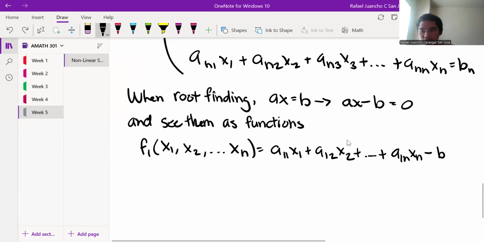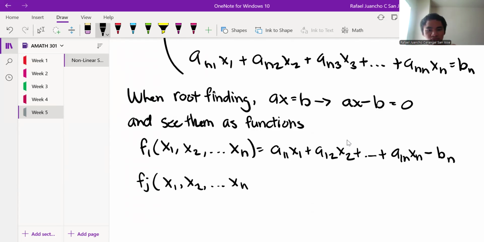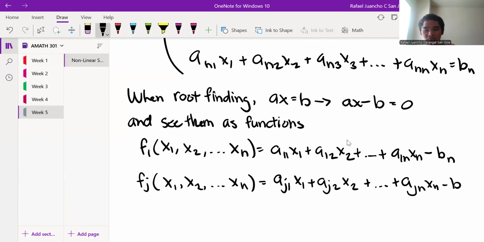Apparently it says in the notes it's bn. Anyway, something like that. We want to see them as functions. And so if we do j here, we do it again, all the way to xn. This is just replacing every index of the row by j. j2, x2, jn, xn, minus bj, right?